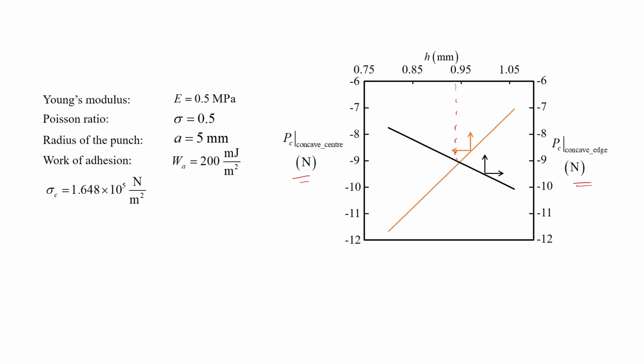Okay. So, what it means is the following: you see, when the concave head height is small, something like this, then the pull-off load required from the center will also be small, in the sense that the stress concentration does not reach the level at which the crack should start propagating from the edge.